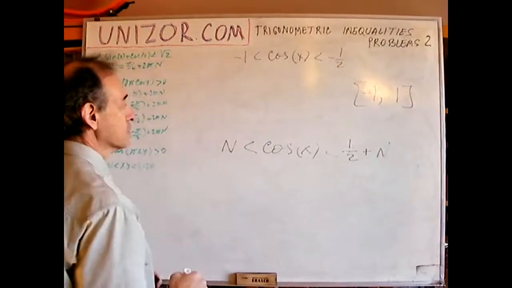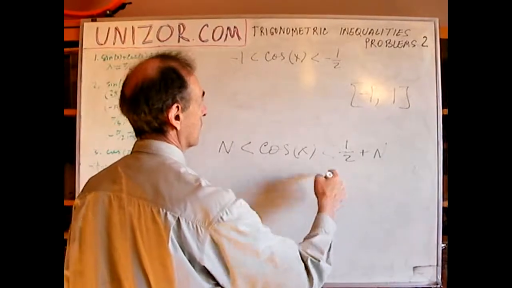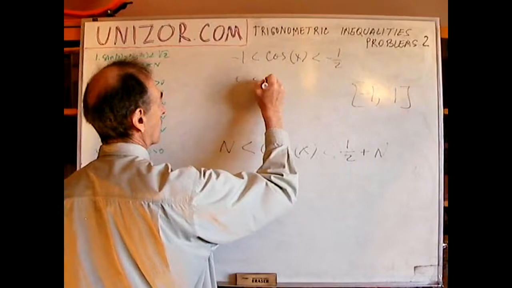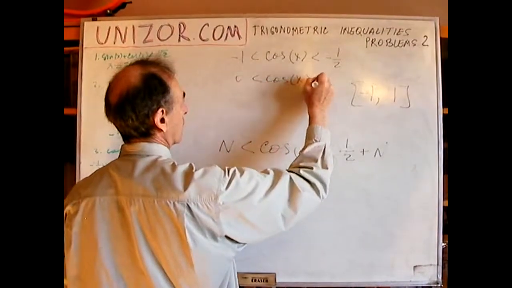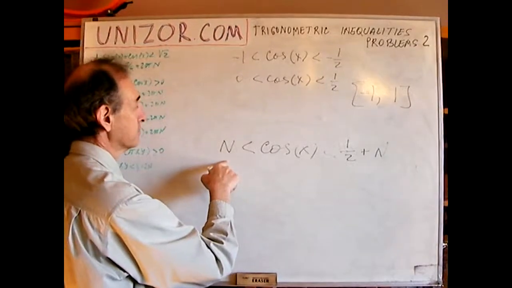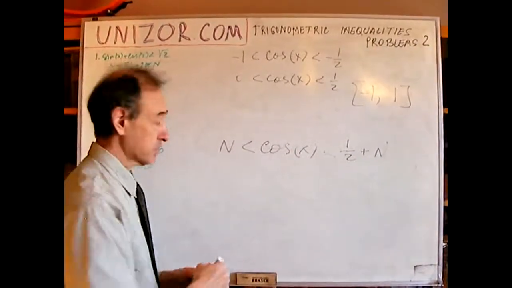Can n be equal to 0? Well, yes, because it will be from 0 to 1/2, which is also good. From 0 to 1/2, it's possible. Can n be equal to 1? No, because 1 and 1.5 cosine will not be in between these two values.